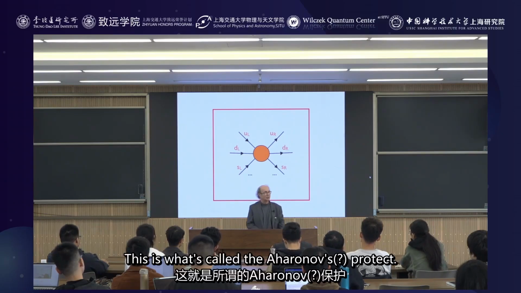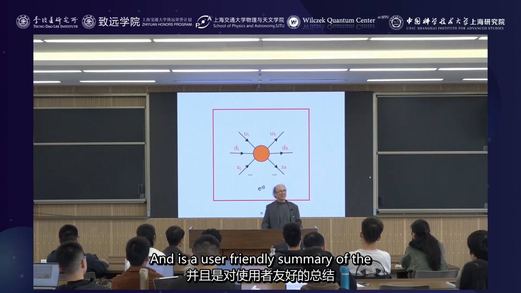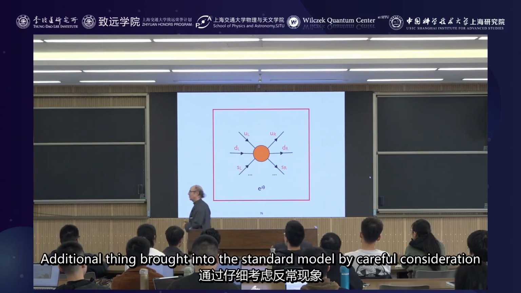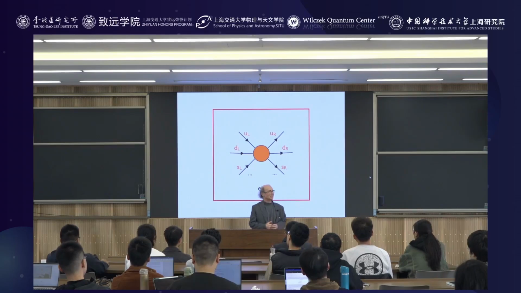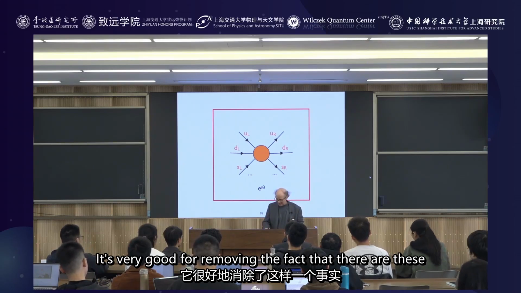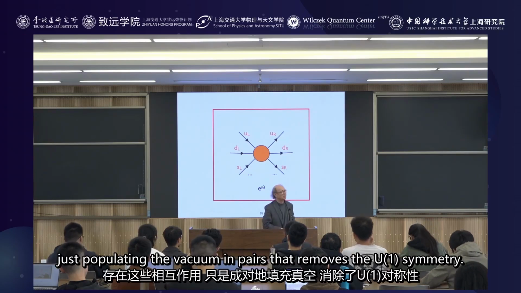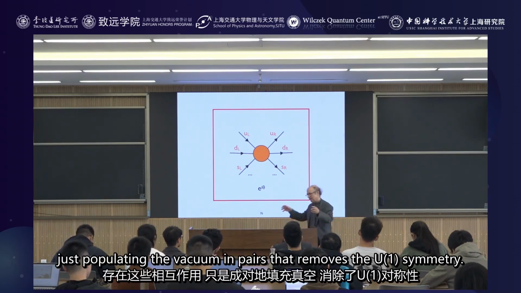So this is what's called the 't Hooft vertex, and it is a user-friendly summary of the additional thing brought into the standard model by careful consideration of anomalies. Okay, and it's very good for removing the fact that there are these interactions without the coefficient e to the i theta, just populating the vacuum in pairs.